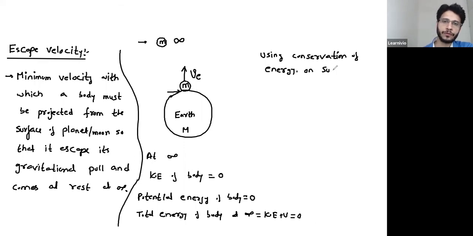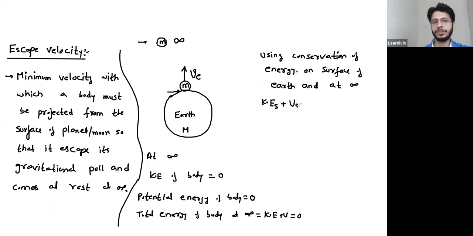Conservation of energy means kinetic energy at the surface of Earth plus potential energy at the surface of Earth is equal to kinetic energy at infinity plus potential energy at infinity.